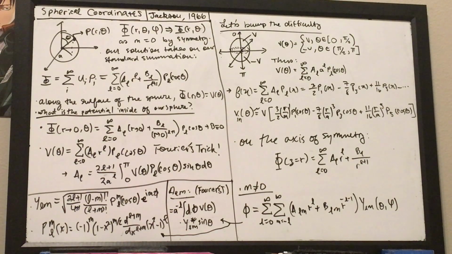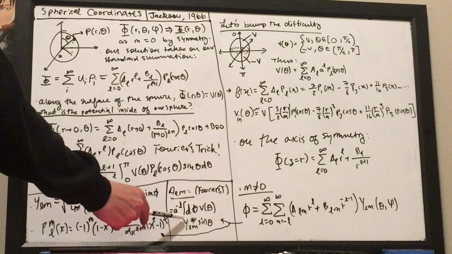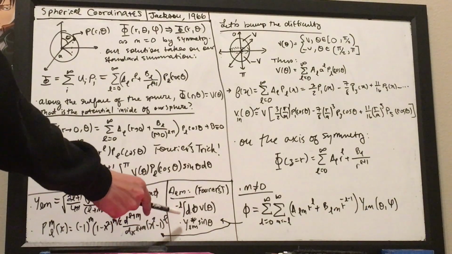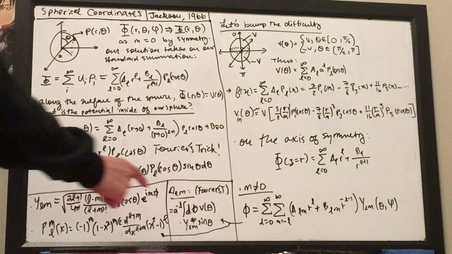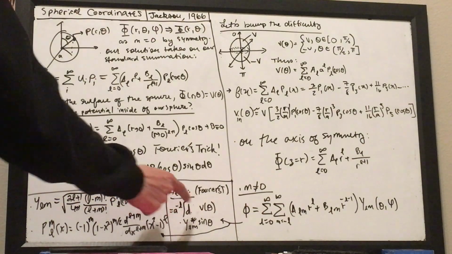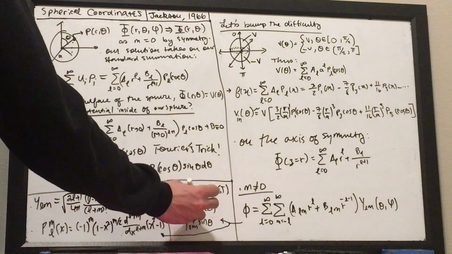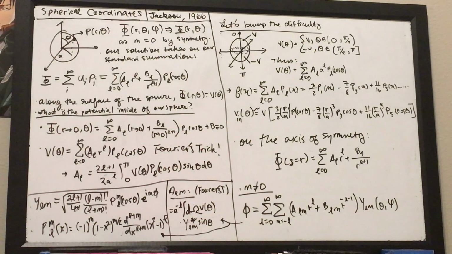And usually for a really general case, digging through my notes, I believe it was problem 3.3 in the first edition of Jackson, we can derive a general expression for A_lm being a to the power of negative L times the integral over the solid angle d omega, times the potential V, times the complex conjugate of our spherical harmonic.